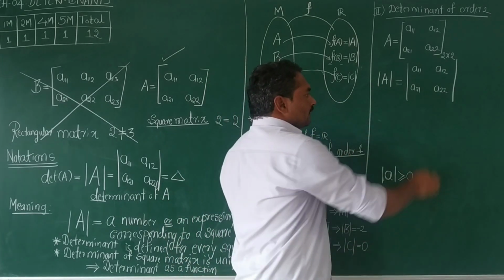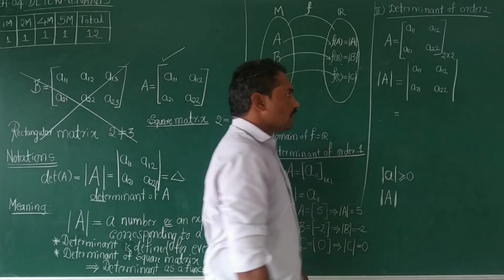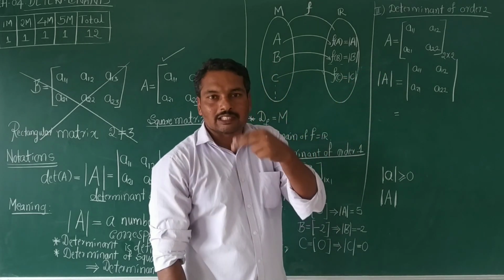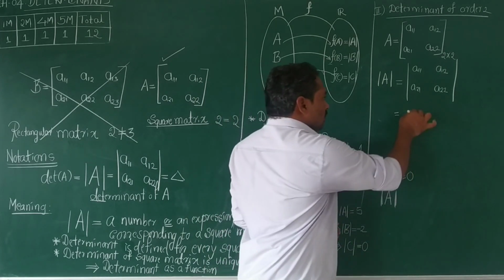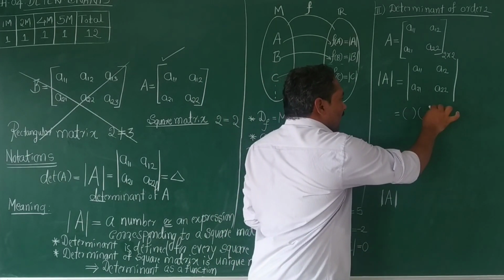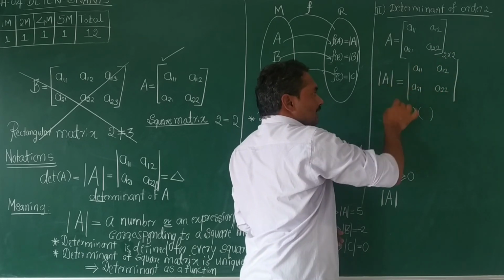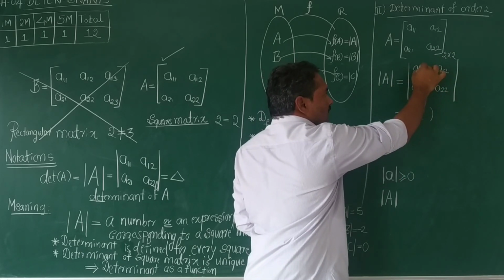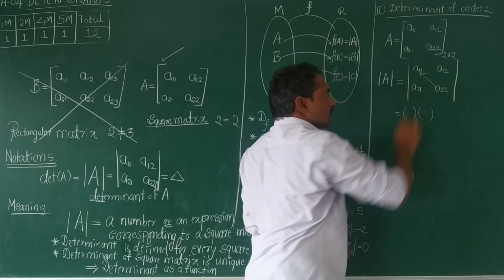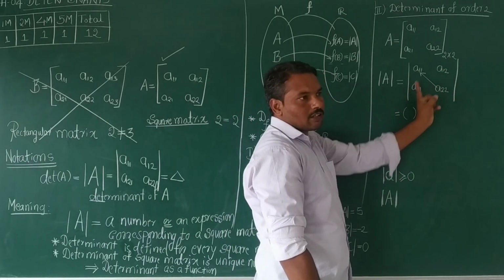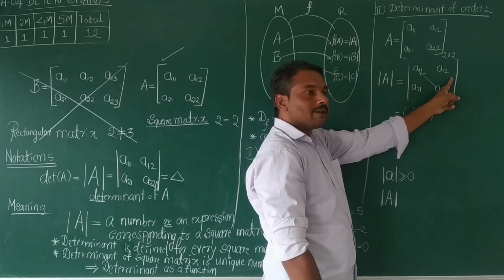That is obtained by this definition. The determinant of a square matrix of order 2 is defined as follows: take the product of principal diagonal elements. In the square matrix, these two elements are known as principal diagonal elements, and these two are known as non-diagonal or non-principal diagonal elements.